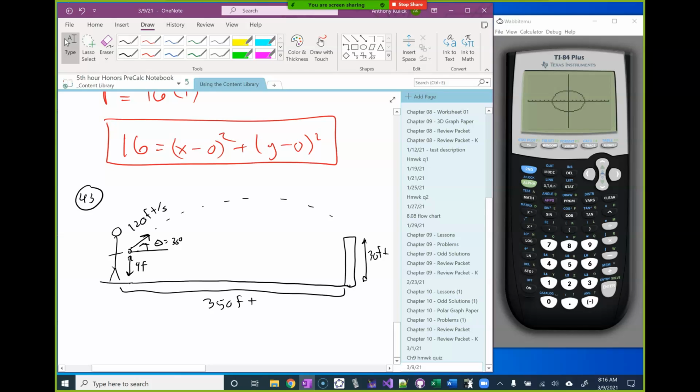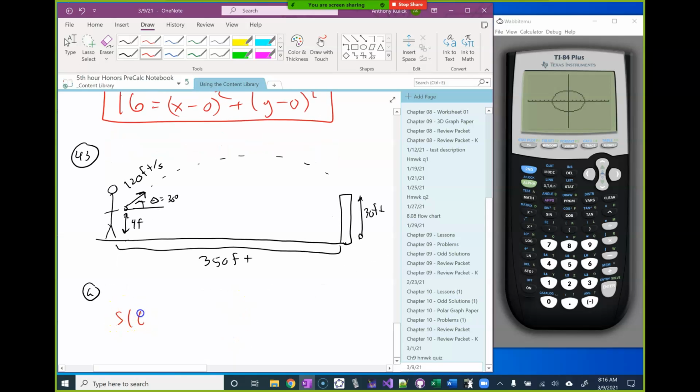Okay, so if we're talking about the path of a ball, we're talking about the position. So I want the position function. If I go back and look at the notes here, the x equation is the initial velocity times cosine theta t.